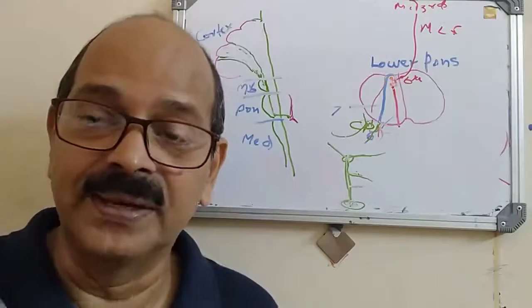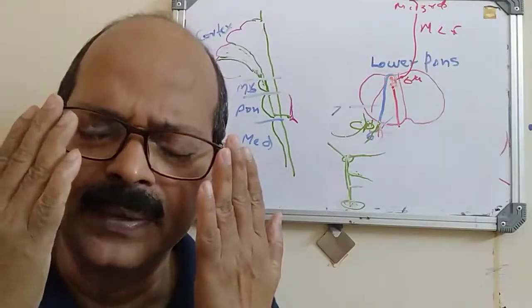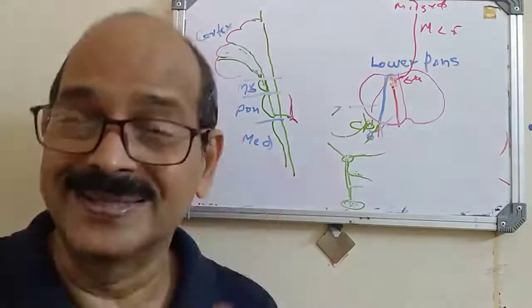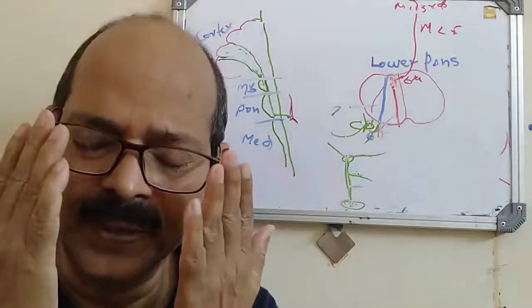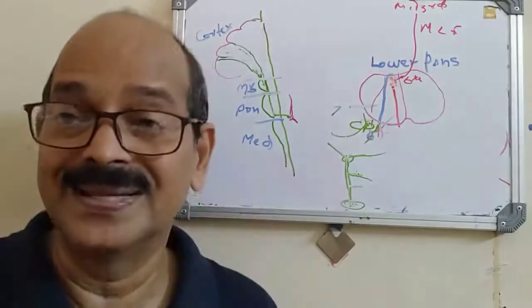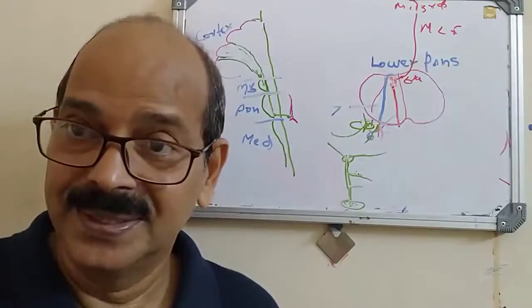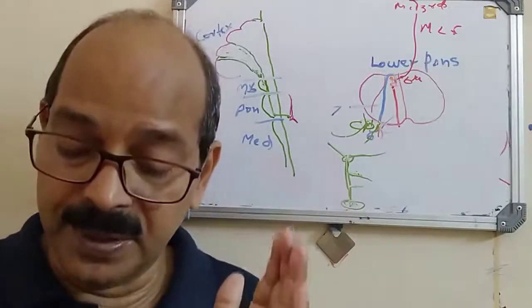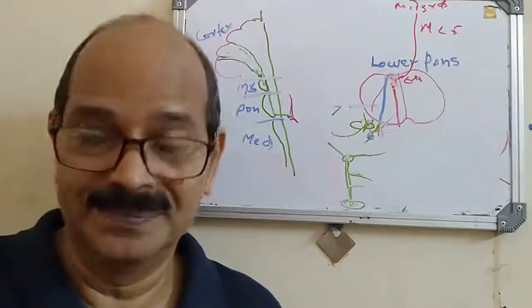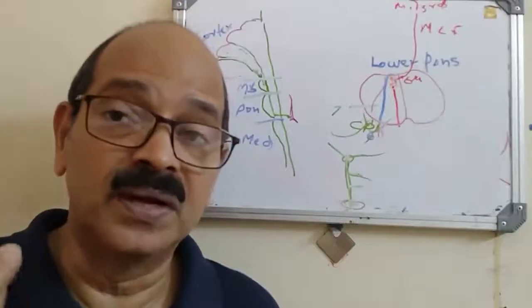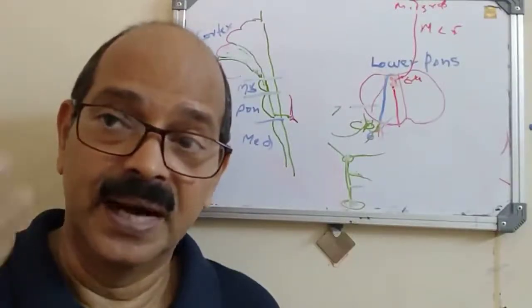And one more thing, you can keep your fingers on the closed eyes and feel the vibrations. May not be there in this case. And one more observation when you close the eyes: is there a Bell's phenomenon? These are all very useful clinical signs in the eye.